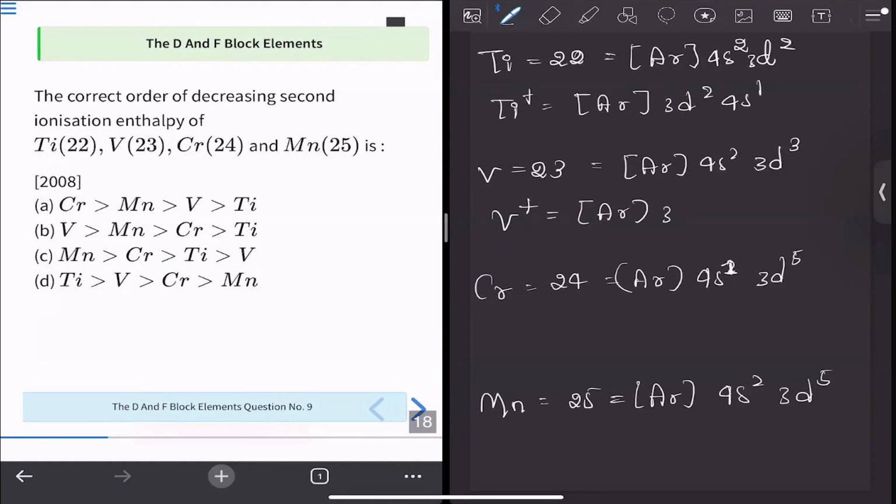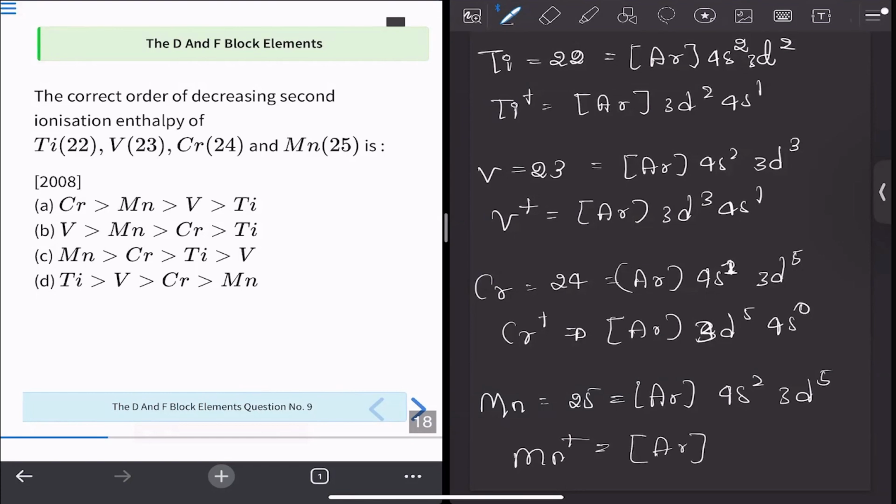In case of chromium⁺, it will be argon 3d⁵ 4s⁰. In case of manganese⁺, it will be argon 3d⁵ 4s¹. This is the electronic configuration after first ionization.